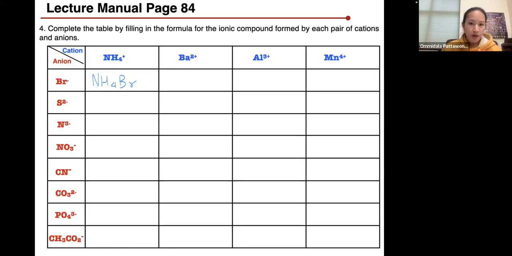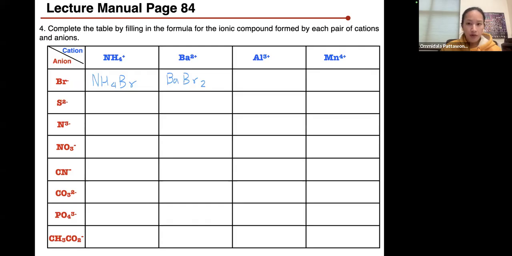Now, what about barium and bromine? Same thing here. We have 2 plus and 1 minus. So in this case you need one barium for every 2 bromine, because you need 2 negatives to balance the 2 positives.